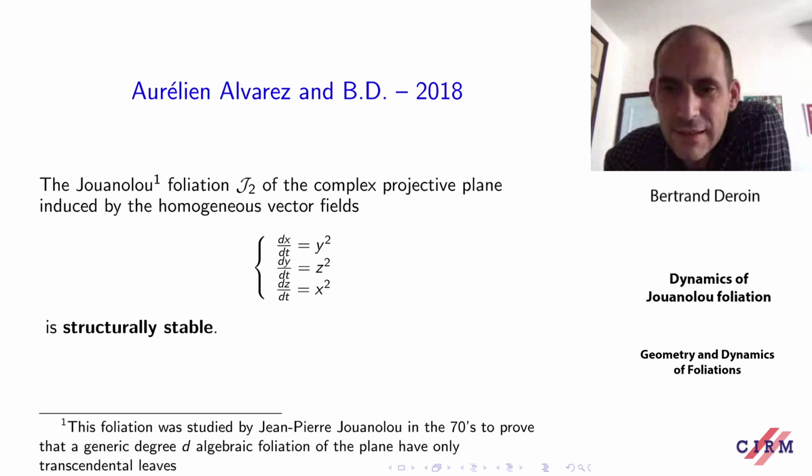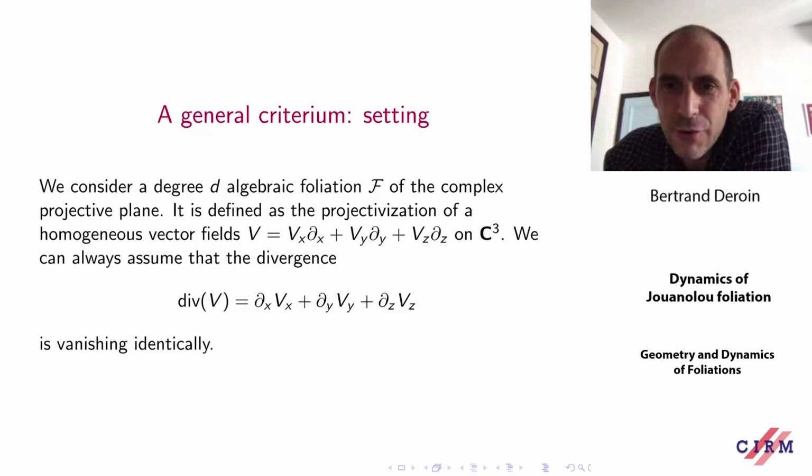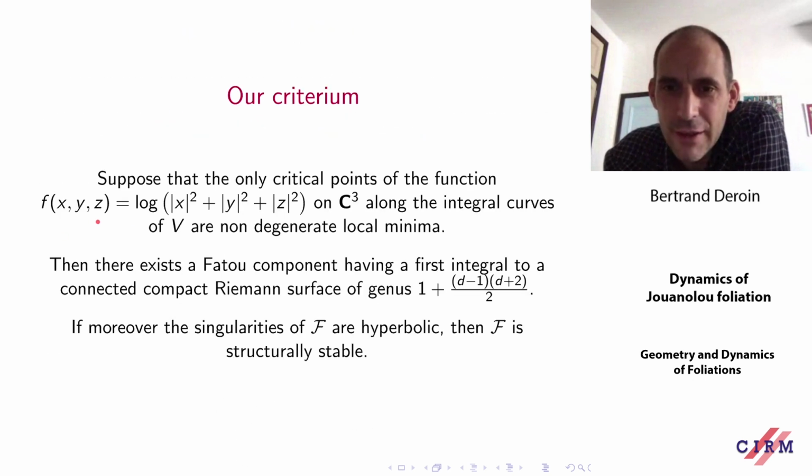But to prove that, we will need to change the function f here. The log of the Hermitian norm is not going to work anymore for these d powers, for homogeneity reasons.